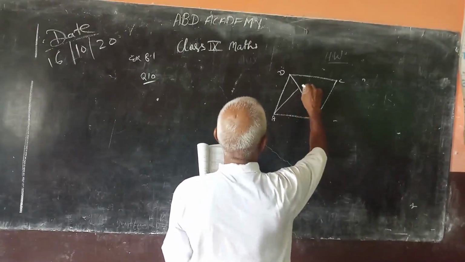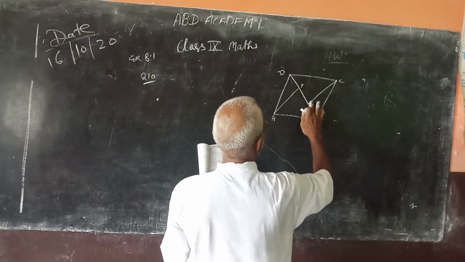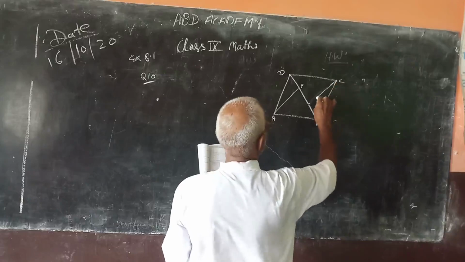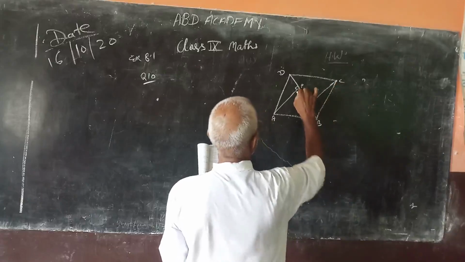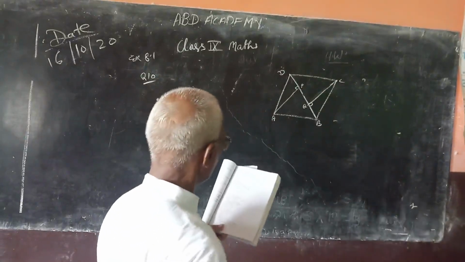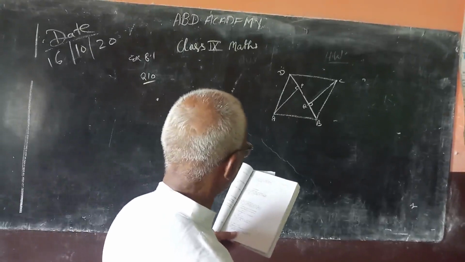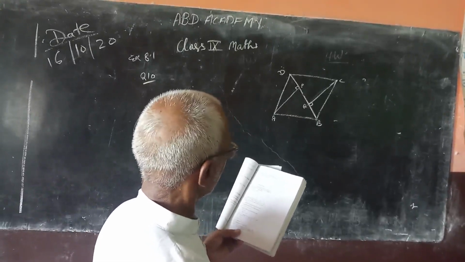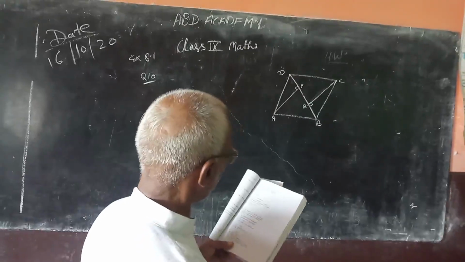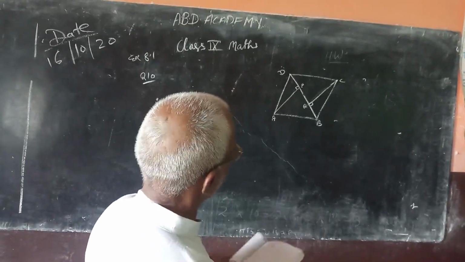AP is here and CQ is here. These are perpendiculars. Perpendiculars from vertices A and C on diagonal BD are AP and CQ. Prove that triangle APB is congruent to triangle CQD.